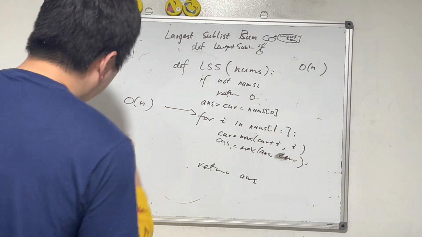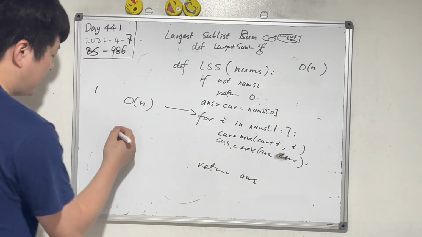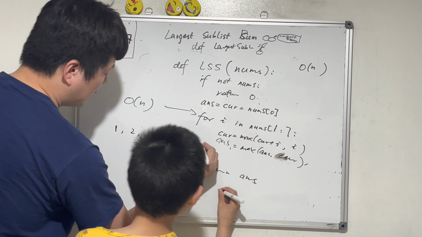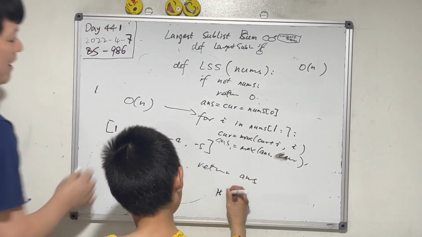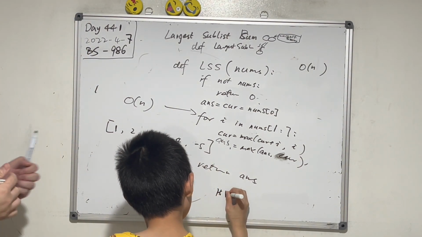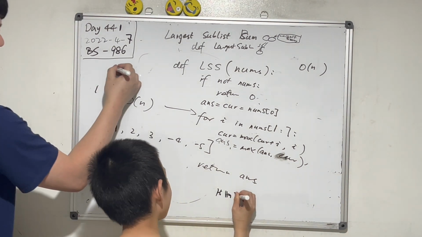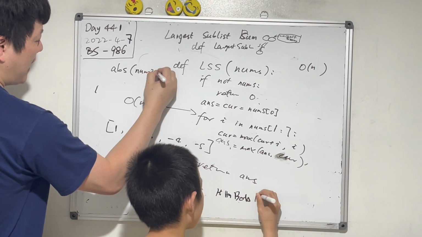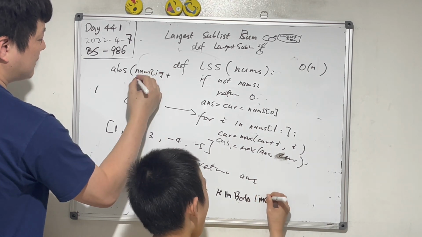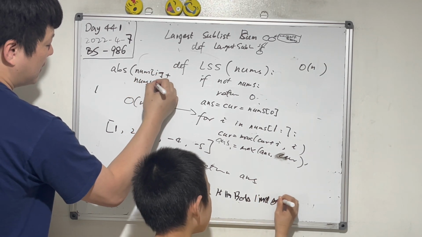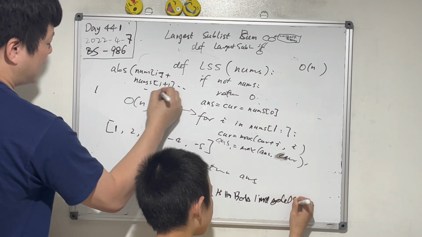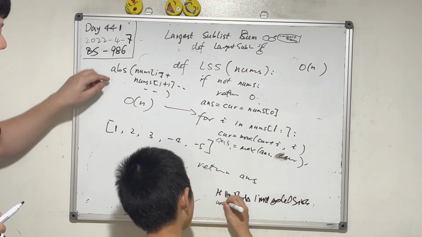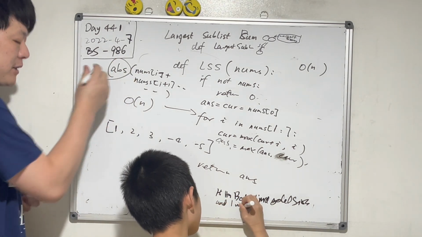Today's problem is slightly different. We want to find the continuous subarray which has the absolute value, ABS, of nums[i] plus nums[i+1], etc. So we want to find a continuous sublist which has the absolute value.